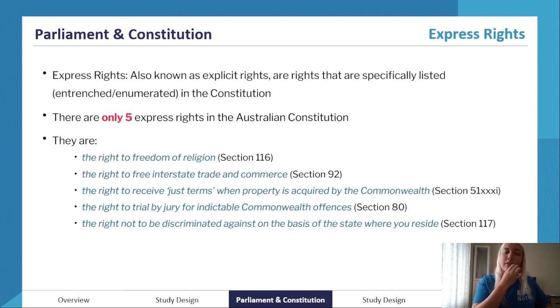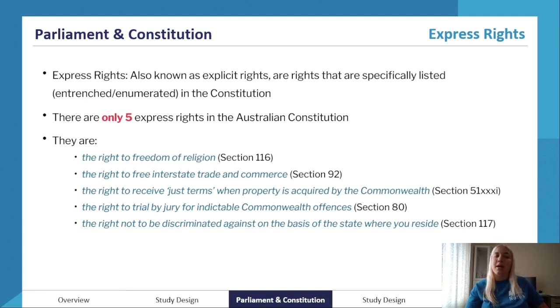The right to freedom of religion is technically only federal level as well, so that's a bit of a limitation. However, it does include the idea that Commonwealth Parliament cannot declare one religion as the religion of the country, and people's religious practices and beliefs cannot be restricted or punished or anything like that. And everyone has a right to practice whatever religion they have freely.